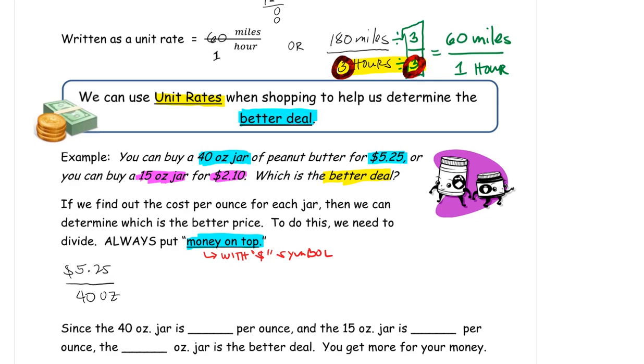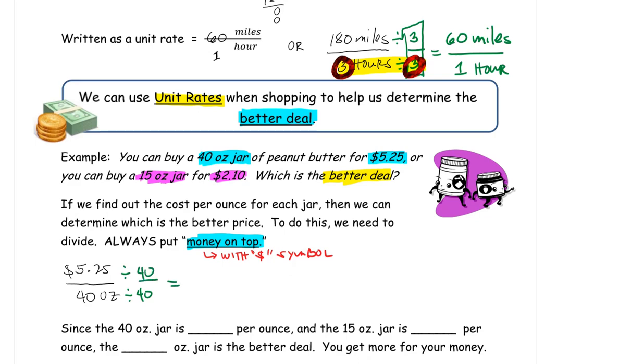Okay, so to get the unit rate of that, I'm going to divide this one by 40 and divide this by 40.